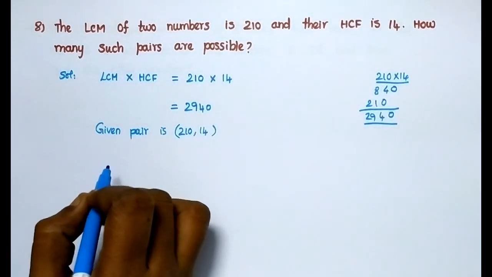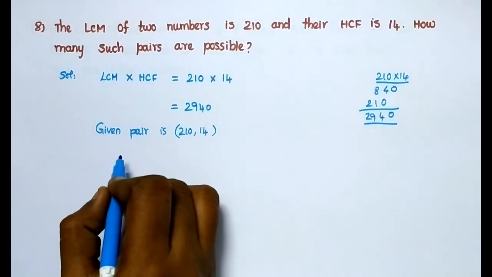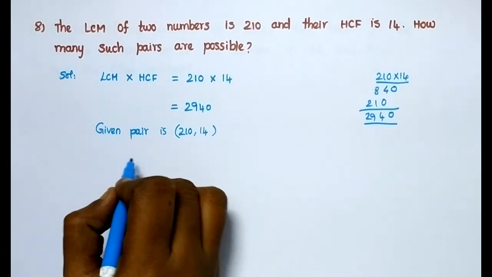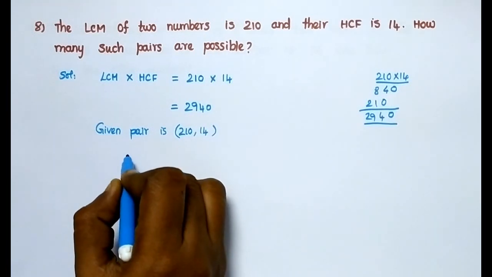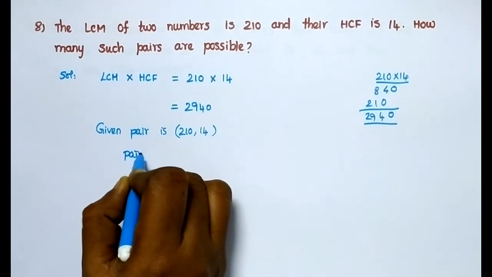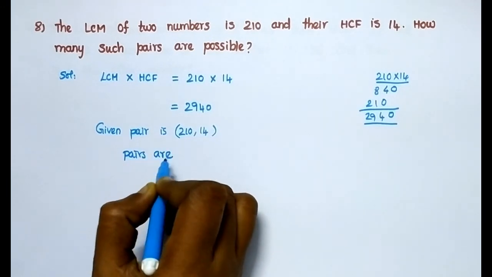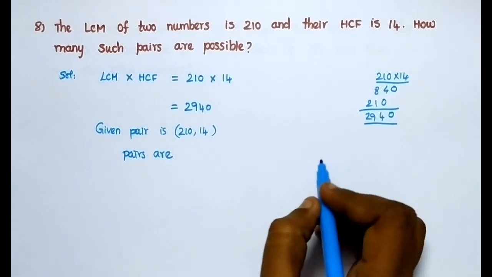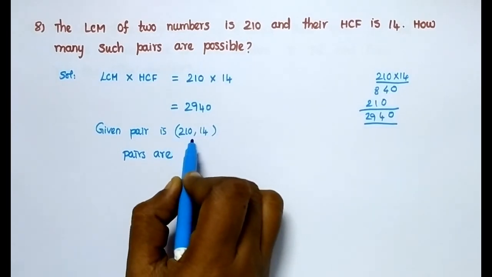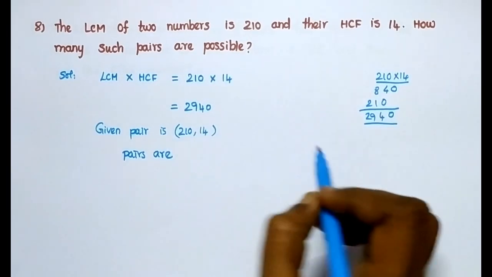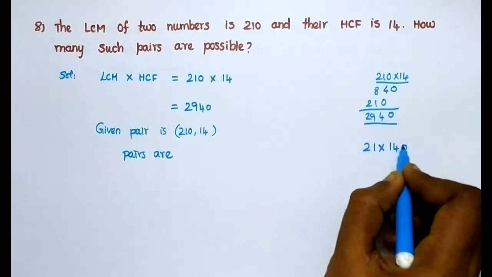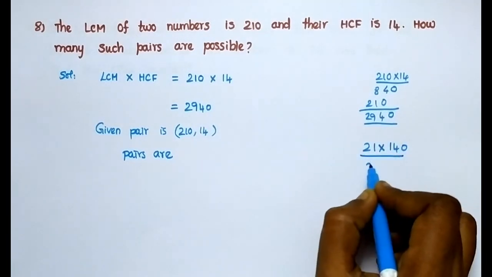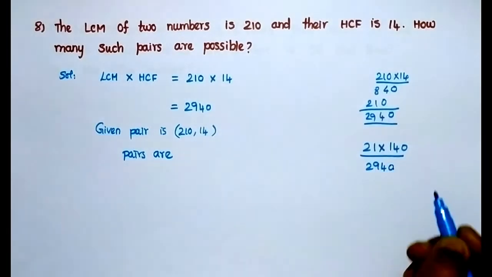What are the possible pairs? Pairs are, check that, 210 and 14. Listen, 21 and 140 is also 2940.